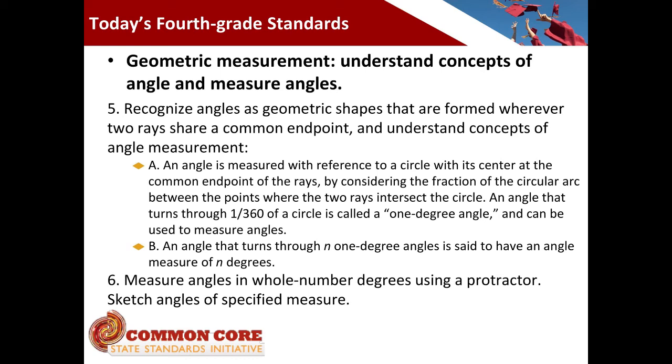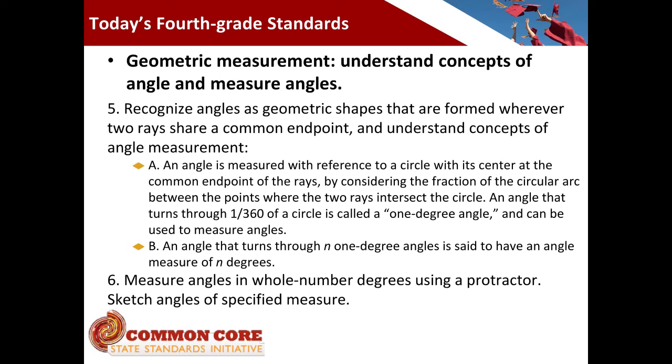And so we've got this idea of defining what angles are, measuring in whole number degrees, and then if we look at standard 7 here, we then become worried about this idea of angle measures being additive. And it's similar to the measurement process that we've been going through with area and length.